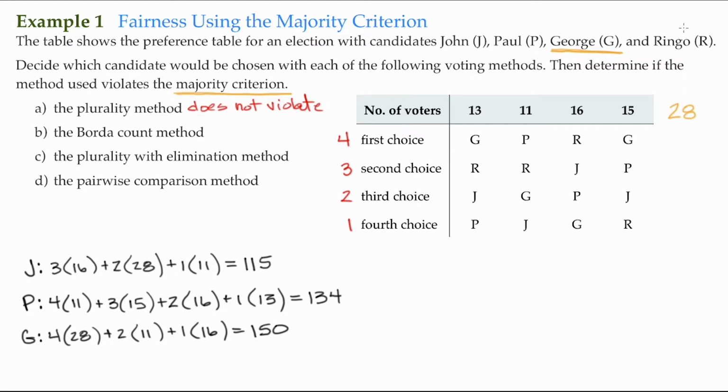And then finally we have Ringo. Ringo has 16 first choice votes. That's 4 times 16. Ringo has 13 plus 11 second choice votes. That's 24. He gets 3 points for each one.